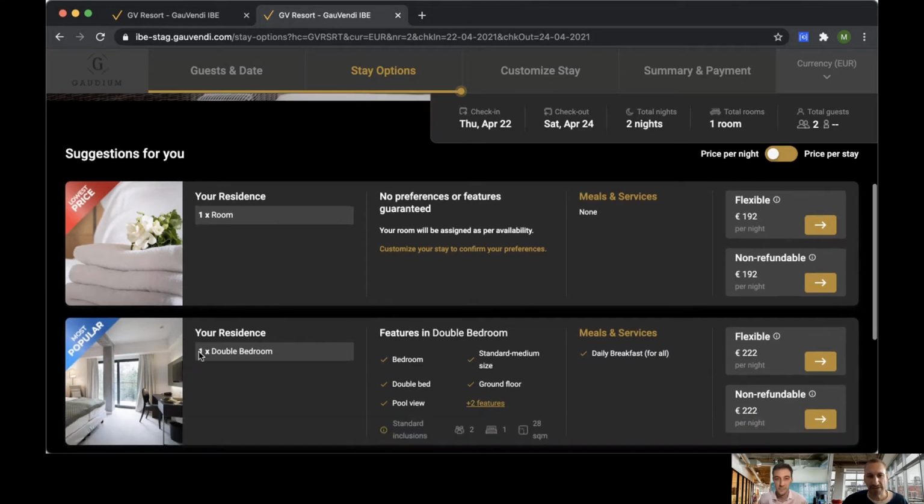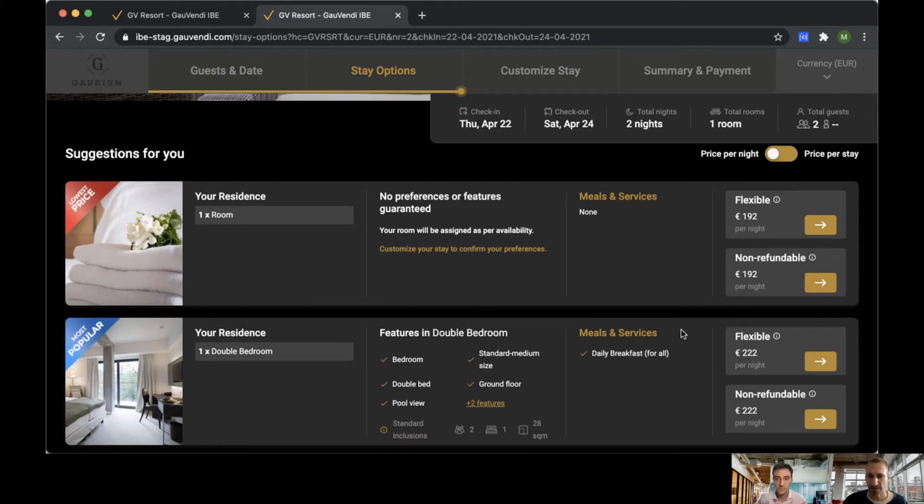As a next step, you may have the most popular room, which is a double room maybe, but the double room is coming back to your normal price, maybe 222 euros. But your lowest price is, in this case, 192. Now imagine that you're selling through other channels, your OTAs and so on, as well, at 222, but that's in principle your best available rate on the market, right?